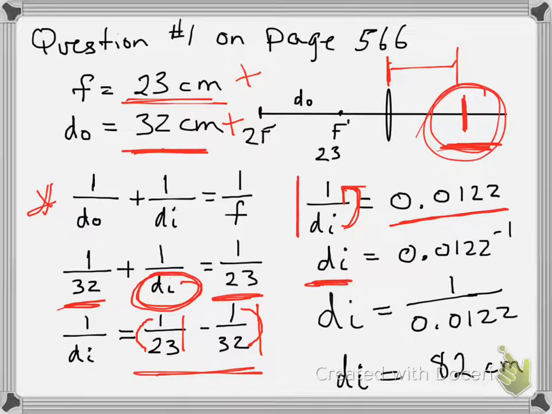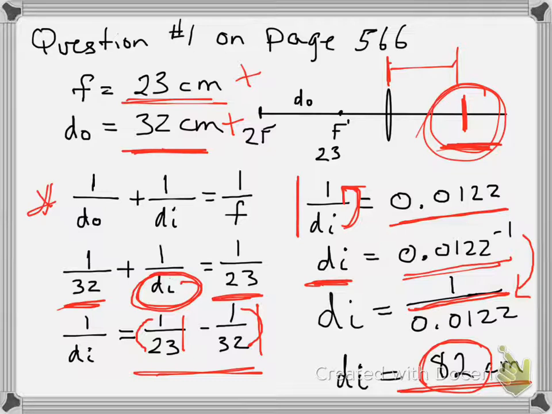So what you're doing is you're taking this decimal and putting it to the -1, or you're really taking 1 and dividing it by 0.0122. Then this gives you your answer. So the image will be 82 centimeters from the center of the converging lens.